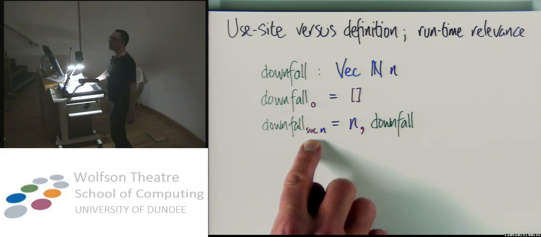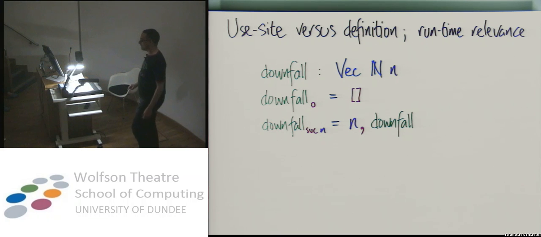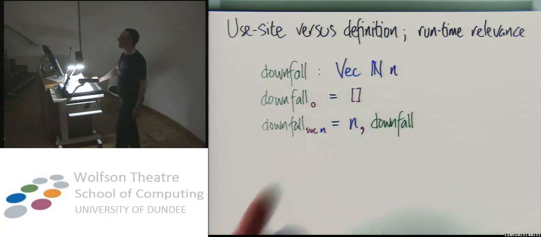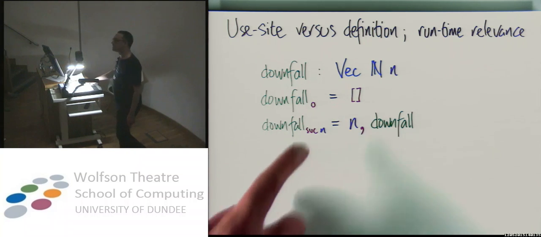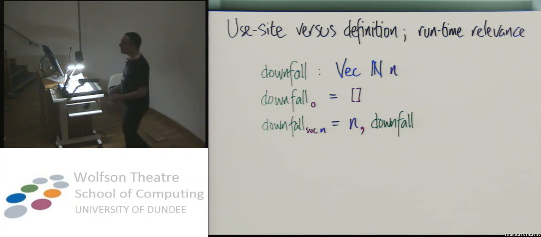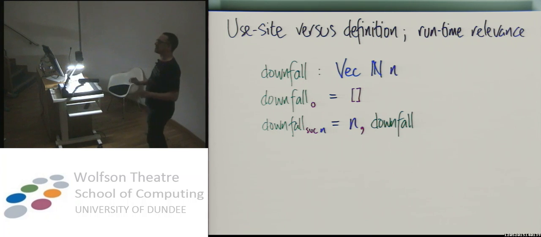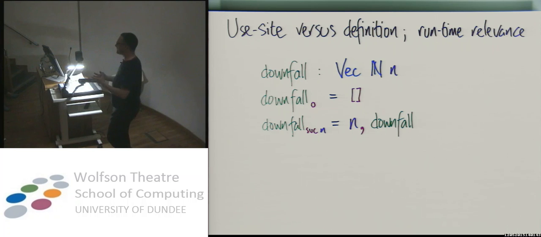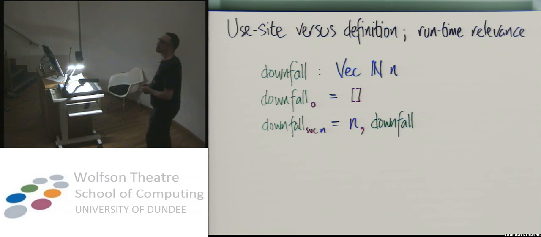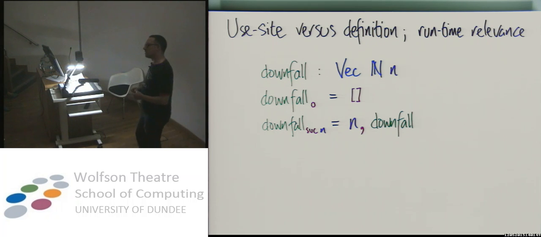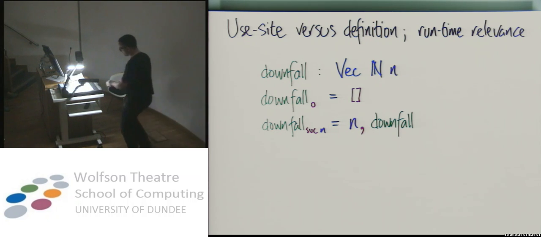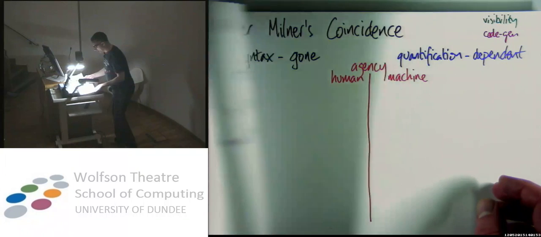At the same time, in order to give the program its operational behavior, it's necessary to pattern match on this thing which we can't see. So it's another situation where it's not just a question of some things always being invisible and some things always being visible. It's that sometimes you need to look at things in order to define a function, but not to use it. Okay, fun stuff.